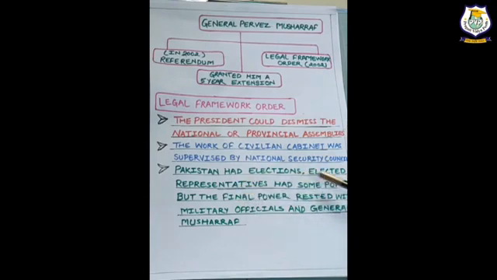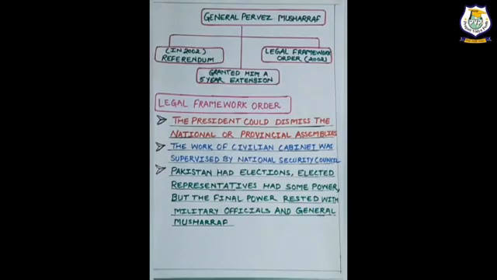Pakistan had elected representatives who had some power, but the final power rested with military officials and General Musharraf. This Legal Framework Order gave Pervez Musharraf extreme power and he announced himself as a dictator of Pakistan.